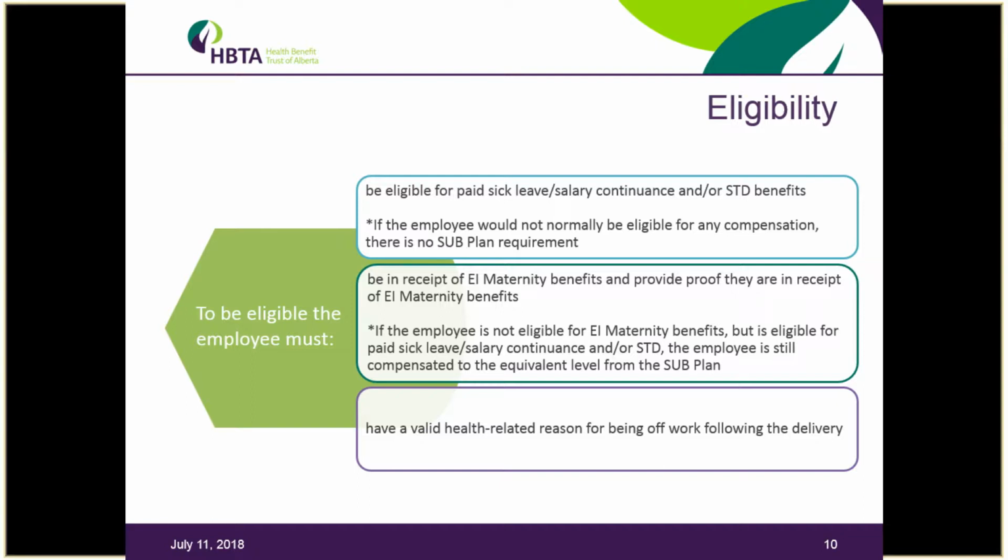So in some cases, for example, if somebody had 2 maternity leaves back to back, didn't have any hours, so of course didn't qualify for EI again, the subplan would need to pick up the whole cost, because there would be no EI mat benefits to offset.